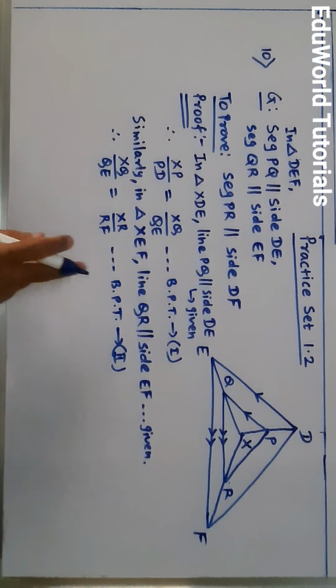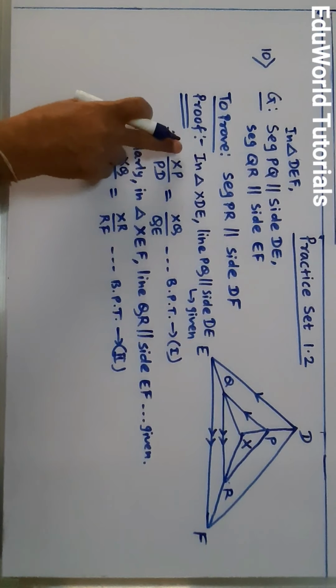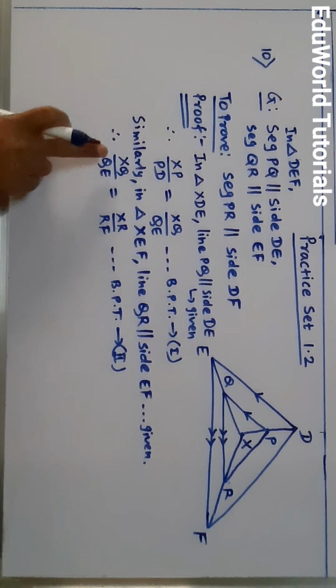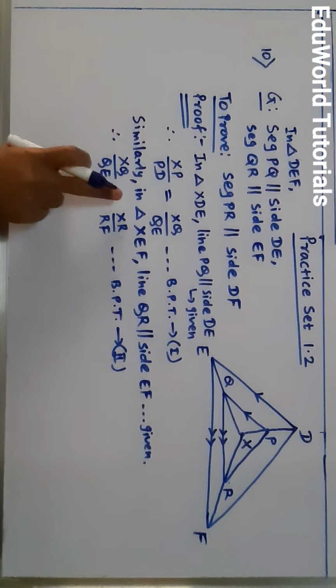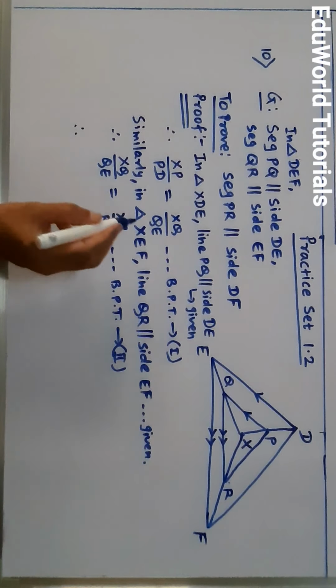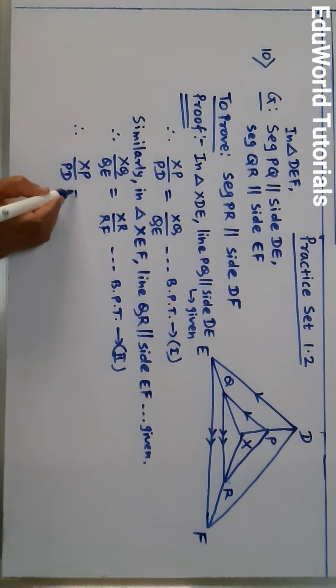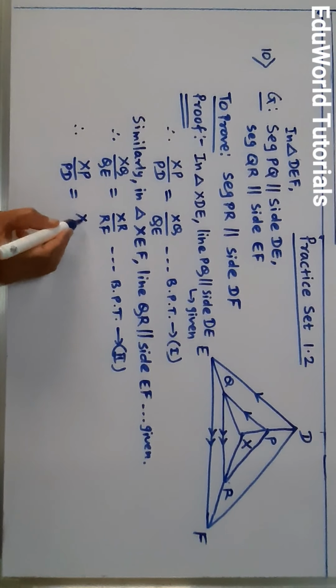Now see the two results we got. XQ upon QE is equal to XP upon PD. XQ upon QE is equal to XR upon RF. So very simple, by our common sense, what we can write? Therefore ratio XP upon PD is equal to the ratio XR upon RF.